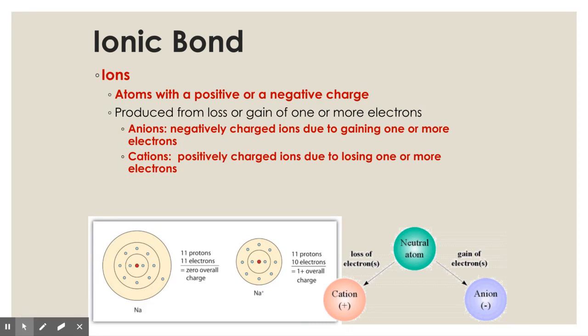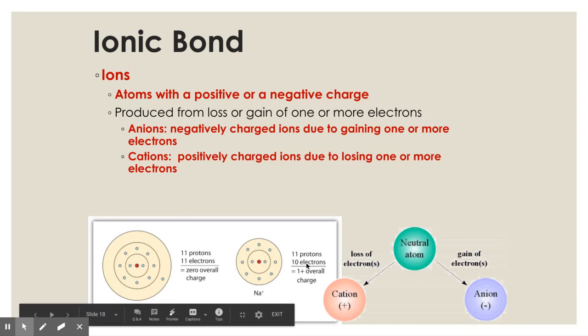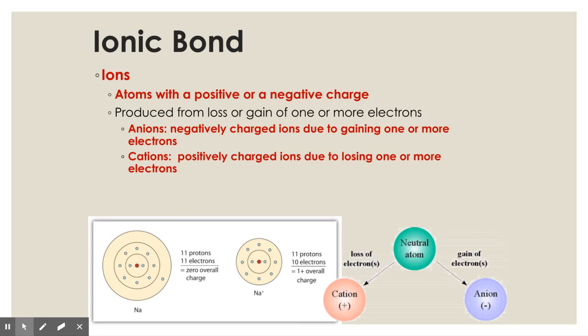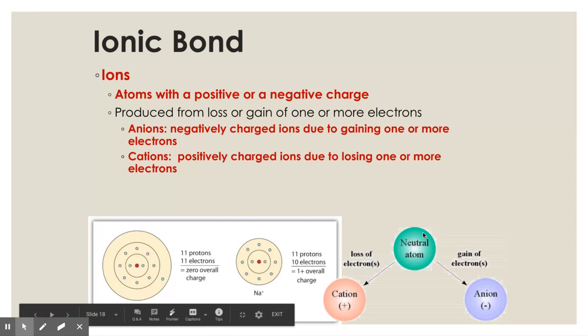So it's much, much easier to give away 1 electron than to get 7. So it's going to give away that 1 extra electron. When it does that, now it only has 10 electrons, so we have a positive 1 charge. So essentially, if it's neutral but it loses an electron, it becomes positive. When it's neutral and then it gains an electron, it becomes negative.